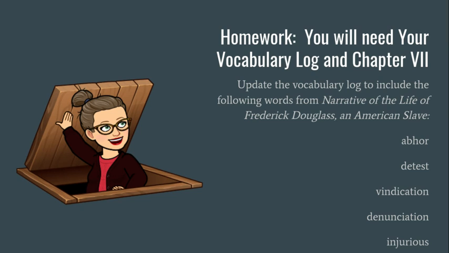You're going to include abhor, detest, vindication, denunciation, and injurious. I will be checking your vocabulary logs, which are found in Lesson 1 from August 31st, tomorrow at the start of class.